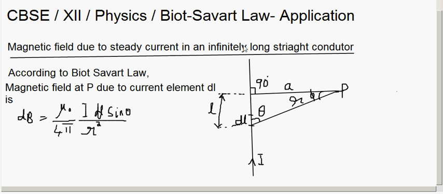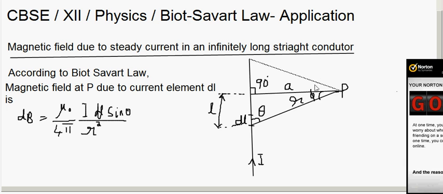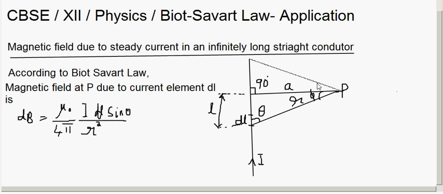Now let me say this angle is phi 1, and this angle is phi 2.